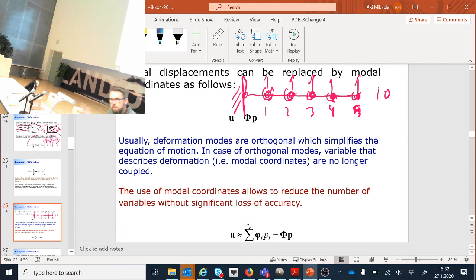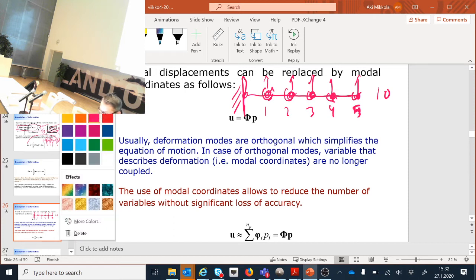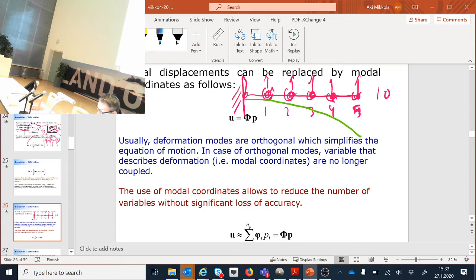probably the lowest possible frequency and associated deformation is something like, let me change the color because this is really important, something like this. Roughly, you get an idea. What is this? This is one possible way that the entire structure can deform. And now let's look at this.